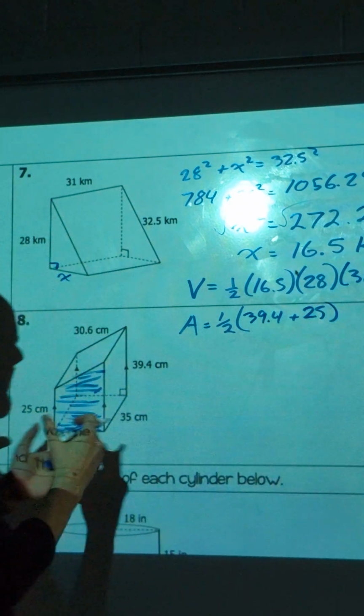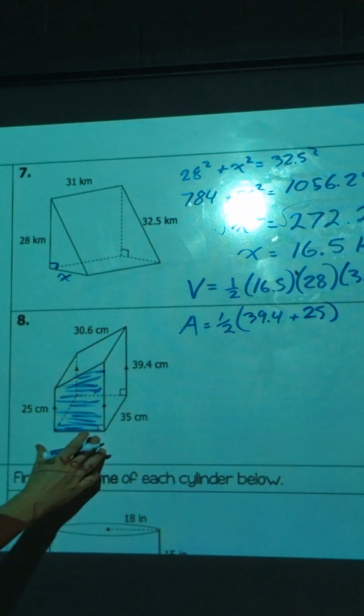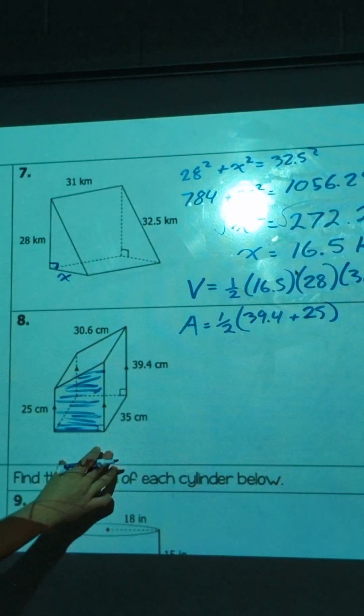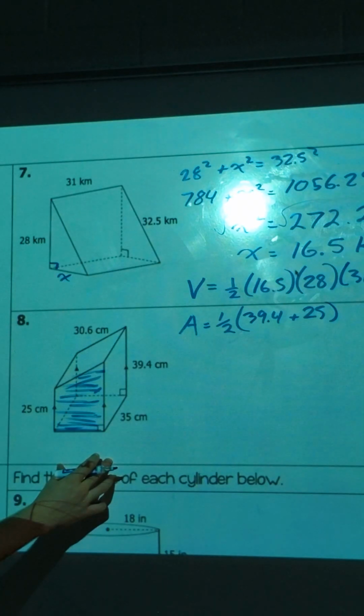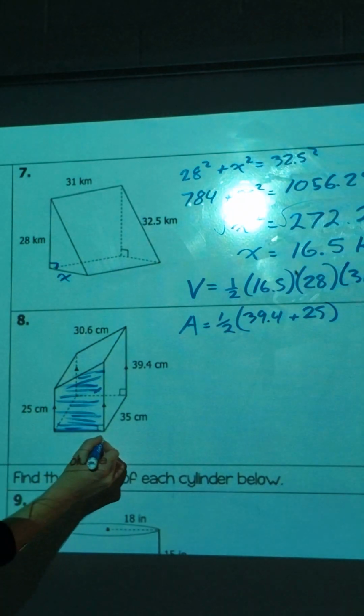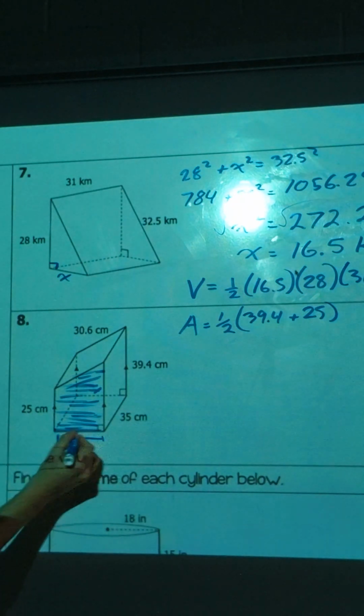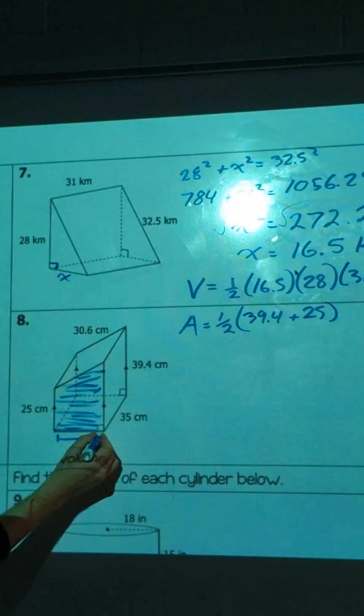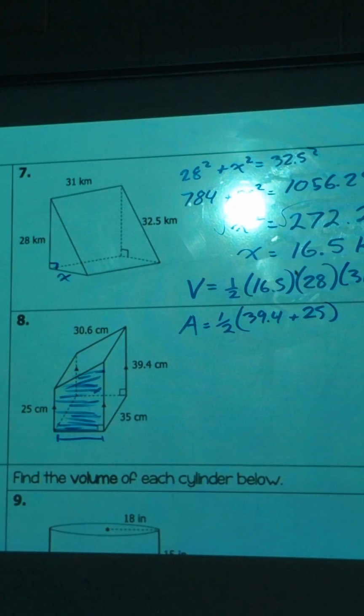And then what's the height of that trapezoid? Is it 35? No, the height would be this distance here. So notice that it's a right angle. Does it give me that distance?